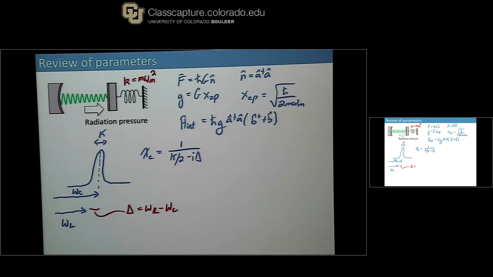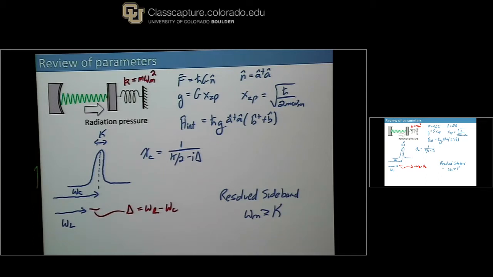All right, and we talked about this resolved sideband limit where we thought about, can we get the mechanical frequency greater than this kappa? Okay, so that would allow us to, let's say that we're driving over here.